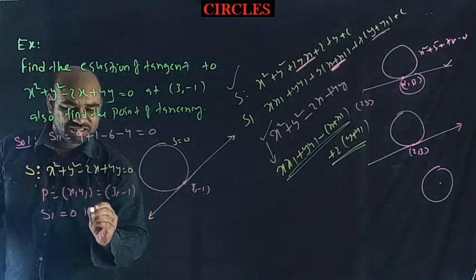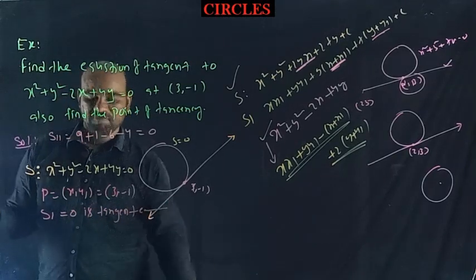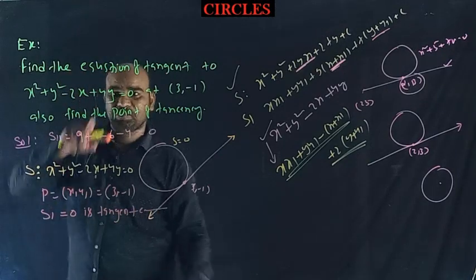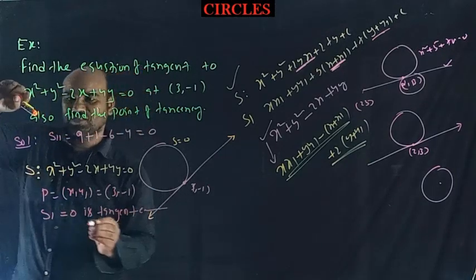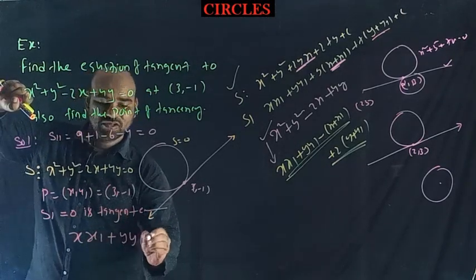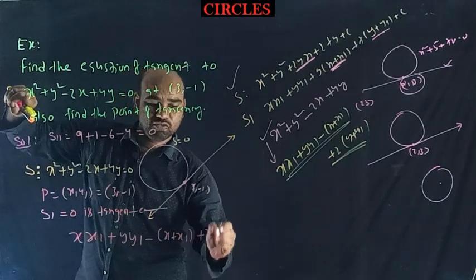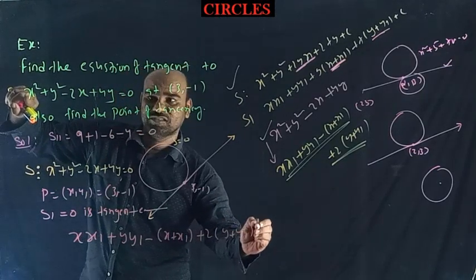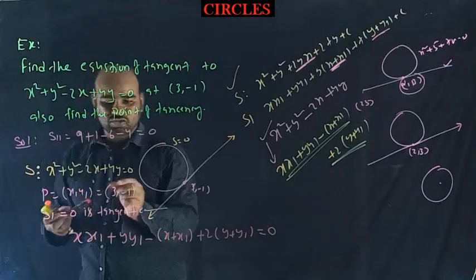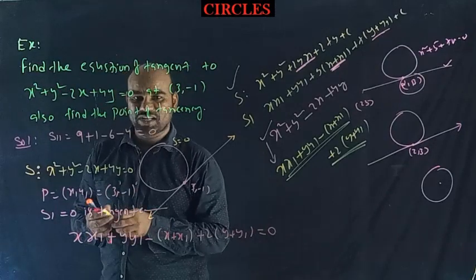So we want to write S1, by using this equation. xx1 plus yy1 minus of x plus x1 plus 2 times of y plus y1, c not there, equal to 0. This is S1. Now instead of x1, write 3, instead of y1, write minus 1. That is the equation of the tangent.